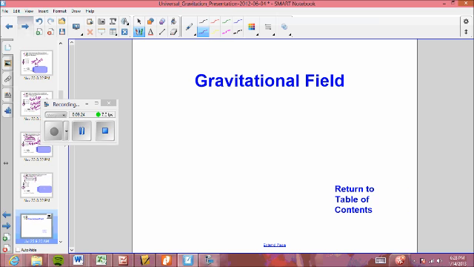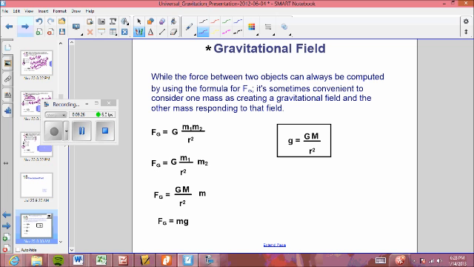So now, gravitational field. While the force between two objects can always be computed by using the formula for force of gravitation, it's sometimes convenient to consider one mass as creating a gravitational field and the other mass responding to that field. So basically what we did over here was take M1 and make it this capital M, the one that's in charge, and make M2 this lowercase m.